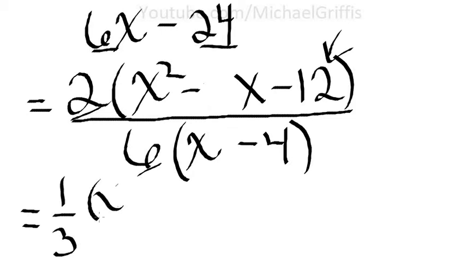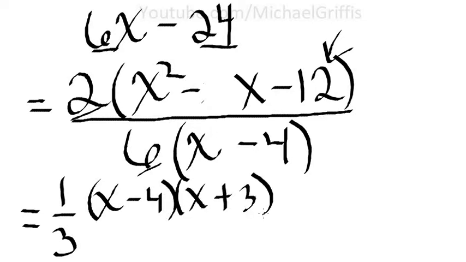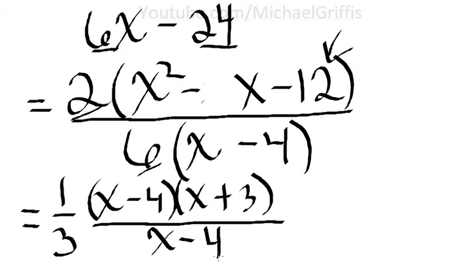So we have x, that's a minus sign there. X minus 4 times x plus 3. That's going to be all over x minus 4. Negative 4 times 3 is negative 12. When we add them, we get negative 1. Okay.